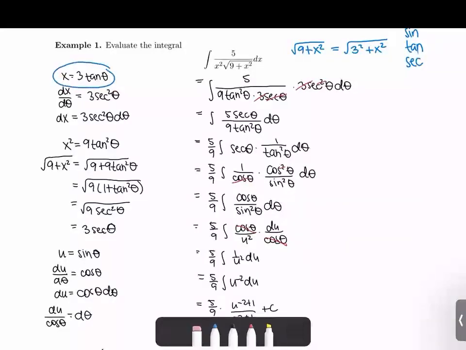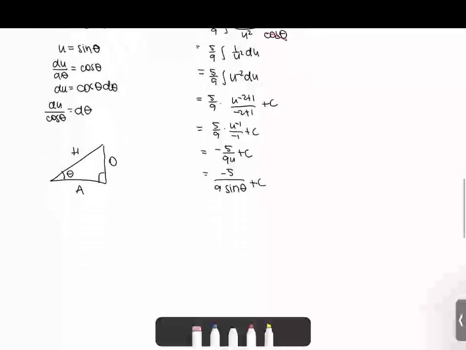So I'm going to use that here down below, that x equals 3 tangent of theta. I'm going to solve for tangent so that x over 3 equals tangent of theta. But remember that when we use SOHCAHTOA, tangent is opposite over adjacent. So this is opposite over adjacent.